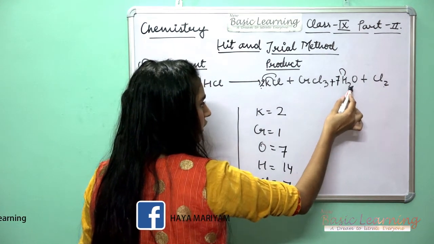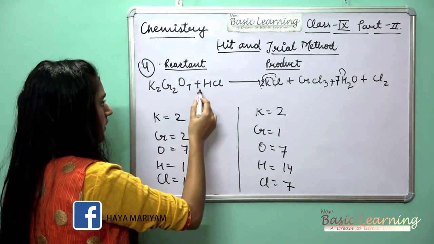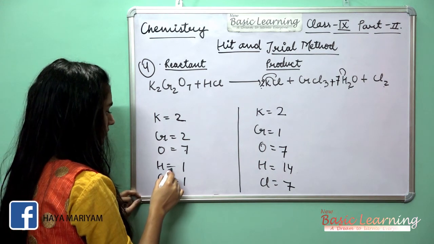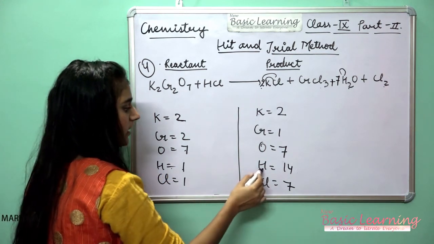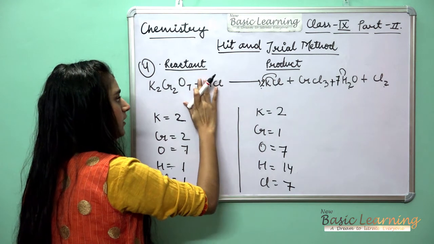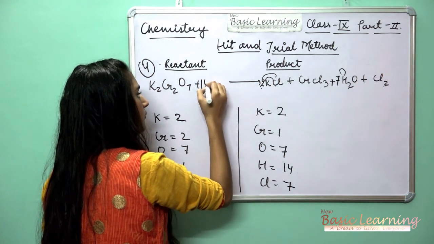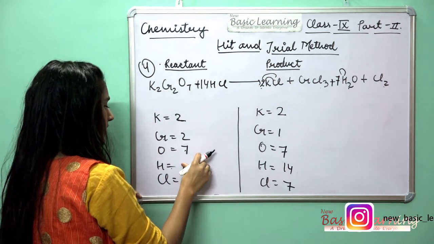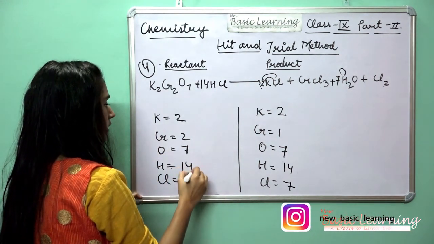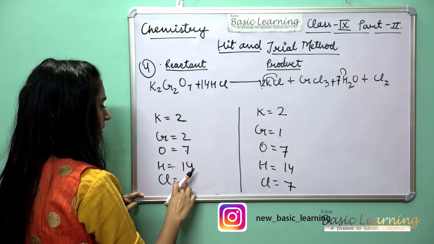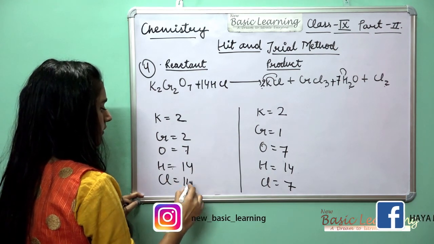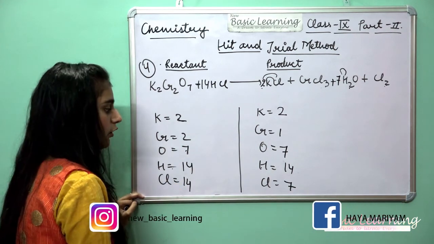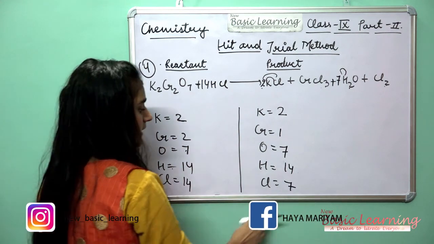Then for the hydrogen I have here 1 and here 14. So I will add 14 HCl. So at the same time for chlorine also it will be 14. Okay, so here is 14 and here is 7.